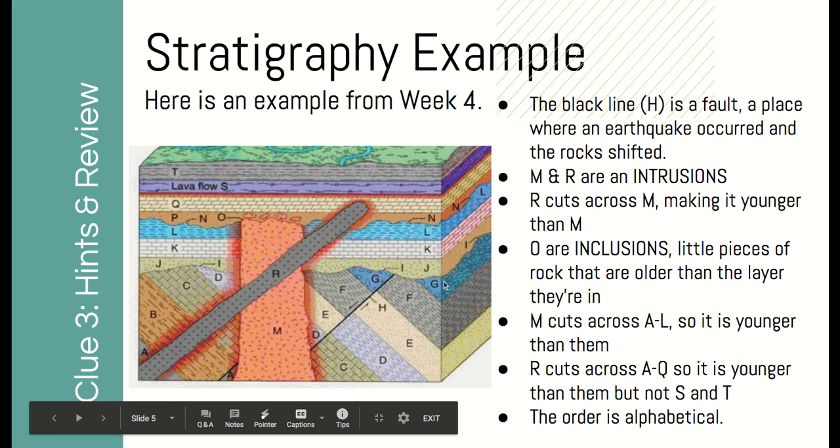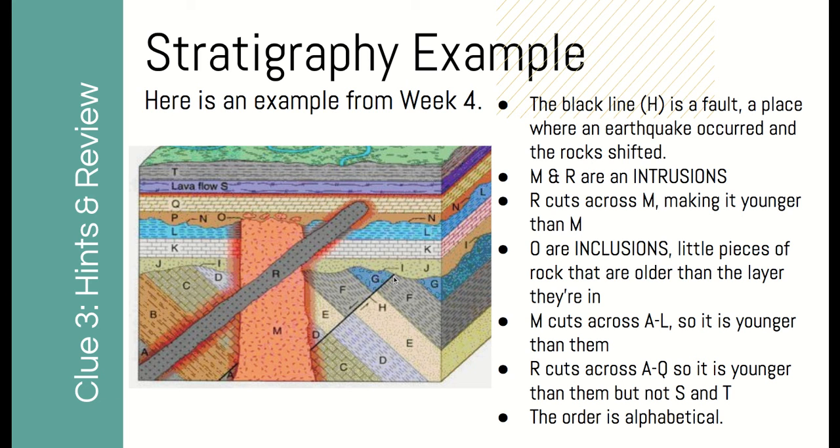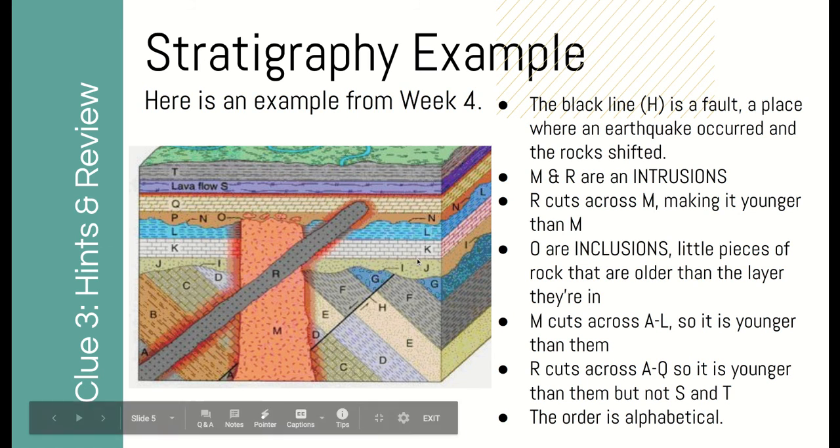Oh, sorry. Then G is this blue layer. I is these little inclusions here. J is this layer here. And you can tell that H comes before J because that fault did not cut into layer J.